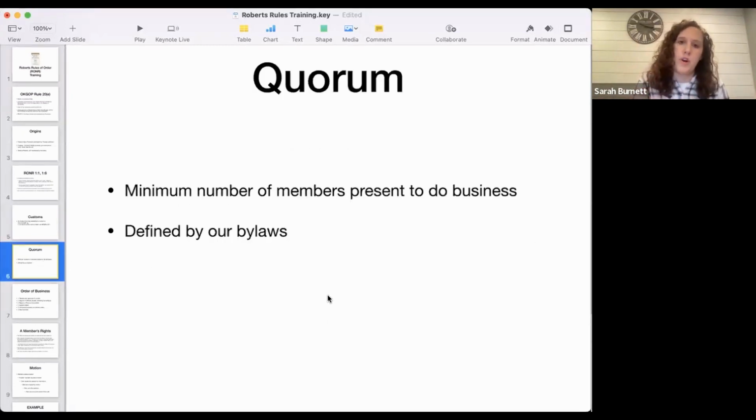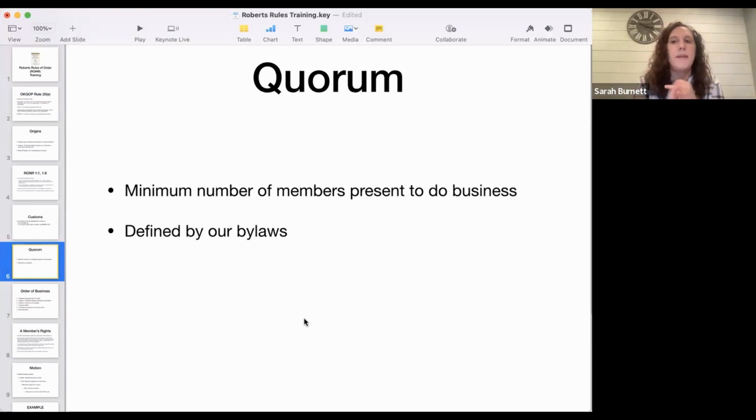Another overarching parliamentary principle is that of quorum. Robert's Rules of Order defines quorum as the minimum number of members present to do business. They say it should be the number of members that you can reasonably be sure will attend a meeting in person. Most organizations have a quorum standard in their bylaws, which we do in the OKGOP bylaws.